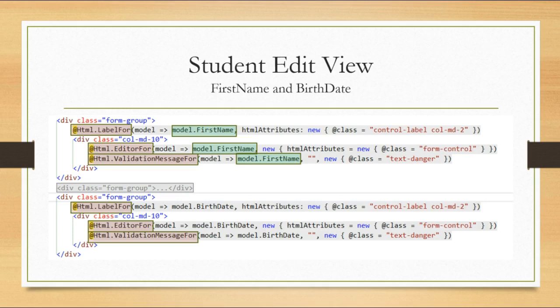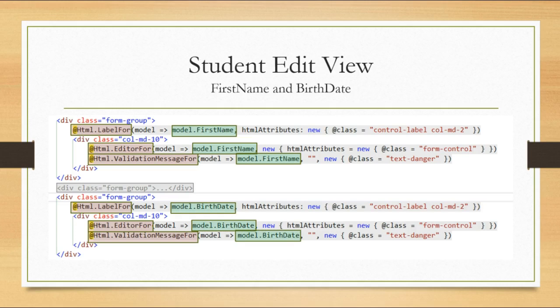So the first one takes the label for the first name, whatever we call that. In this case, it would be student. The editor says, what are we editing here? And says, well, student first name, that is a string, so we will produce a text box. And then the validation message for is another string.